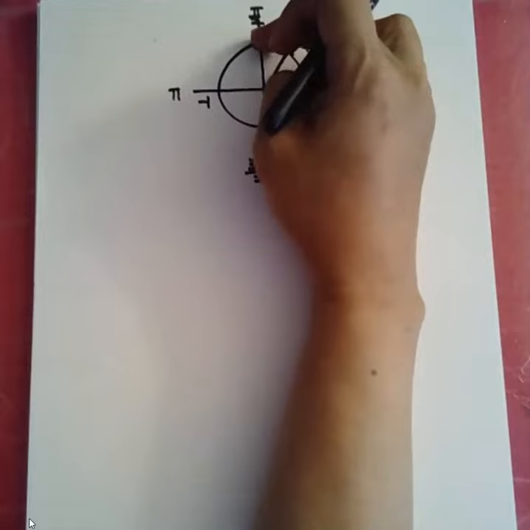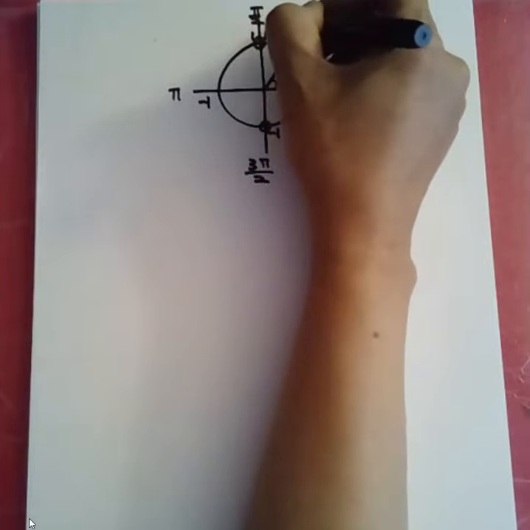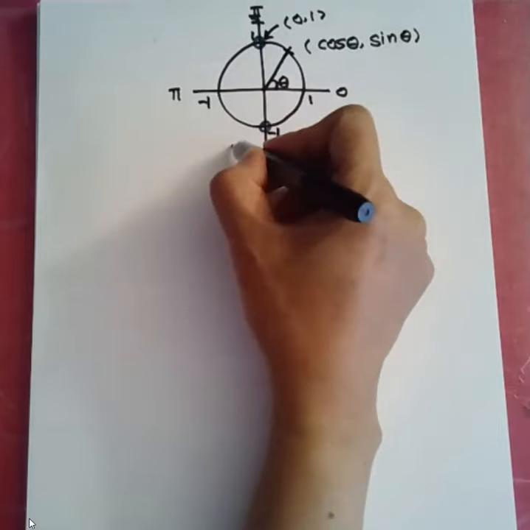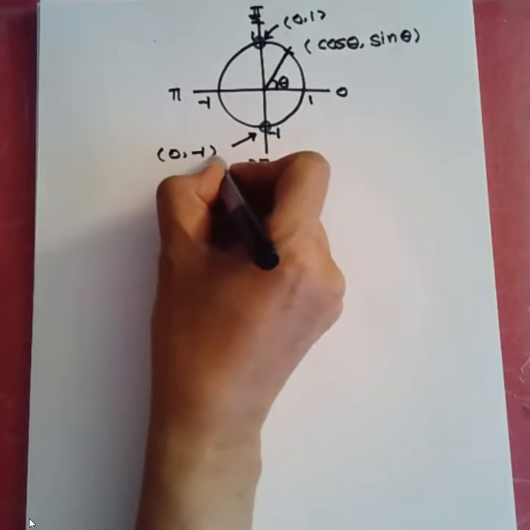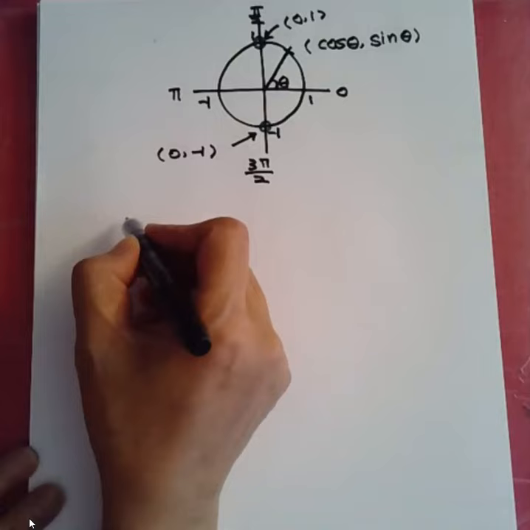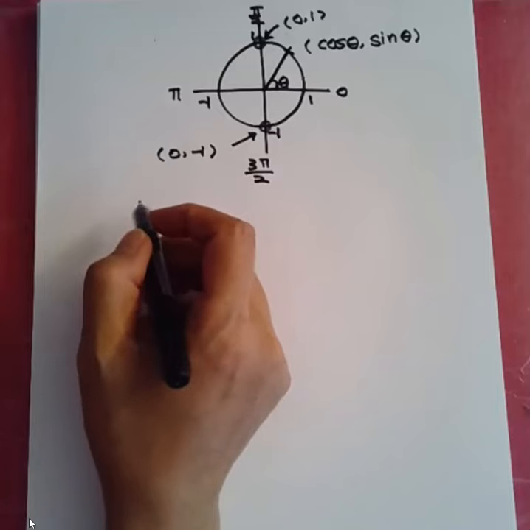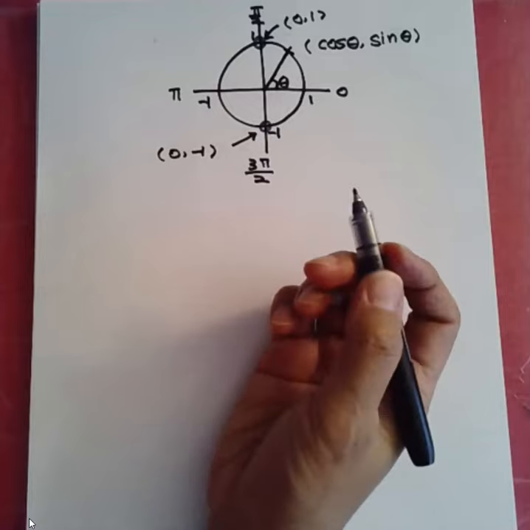So tangent functions are not defined here because x coordinate is 0 and 1 over 0 becomes undefined. What we want to think about is why the range is from minus infinity to infinity.